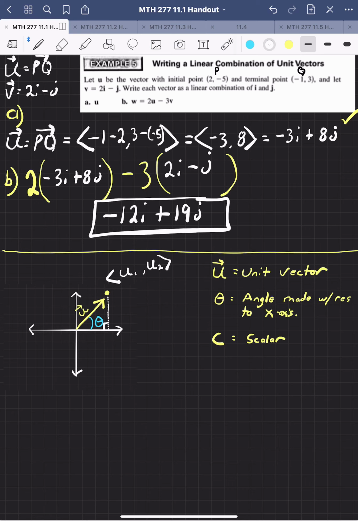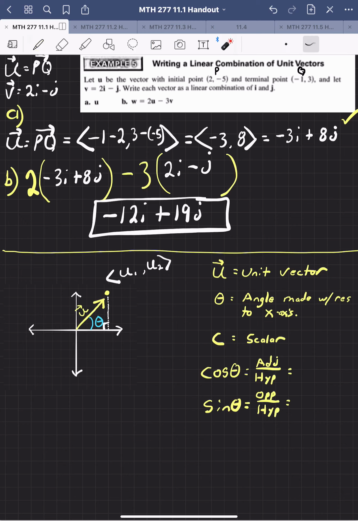Let me write cosine first. By definition, cosine of theta is simply what? It's the adjacent over the hypotenuse. And the definition of sine is the opposite side divided by the hypotenuse.